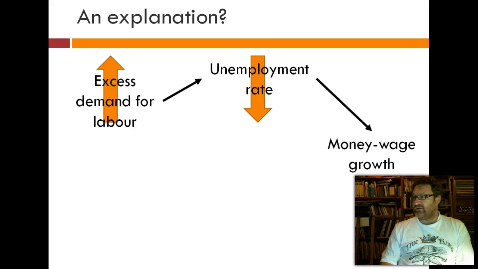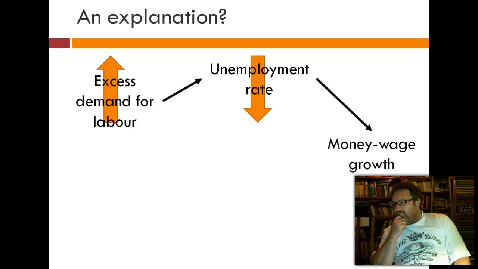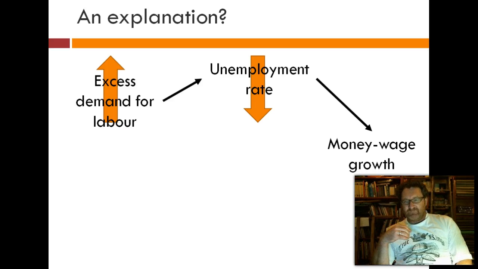So the money wage rate will grow. Another type of explanation is to say when the unemployment rate falls, the fear on the part of the people who are employed already, the fear of being sacked, diminishes, and so workers and unions become a bit braver and demand higher wages.